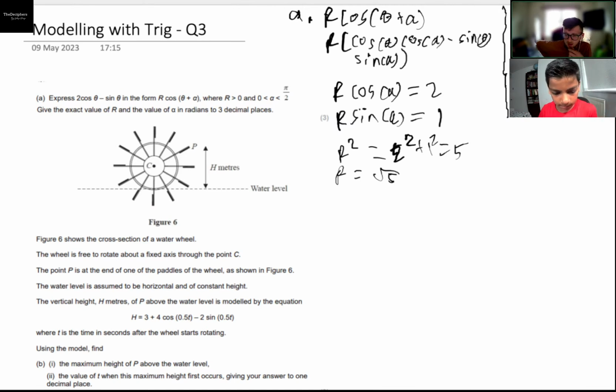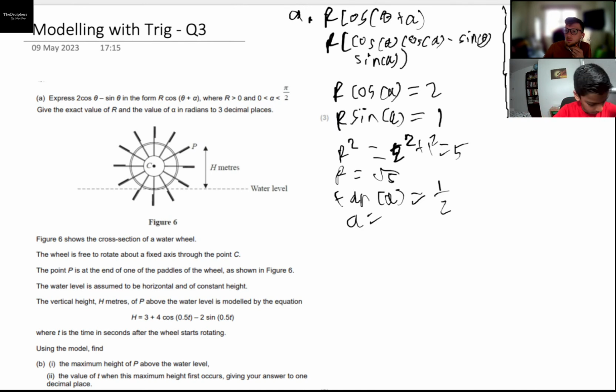And then what would tan alpha equal? So tan alpha is just a half. So alpha is, and we're in degrees this time, no, still radians, inverse tan of a half, that is 0.464.